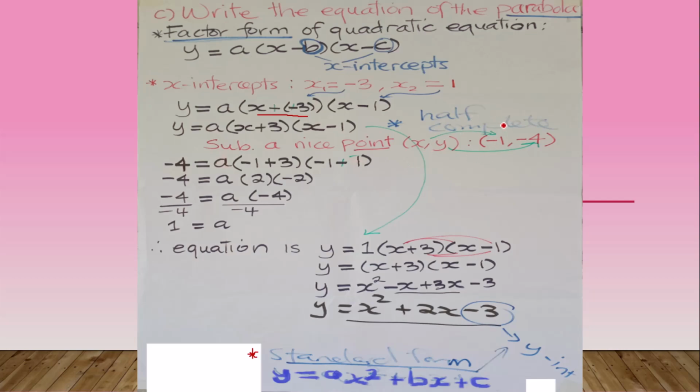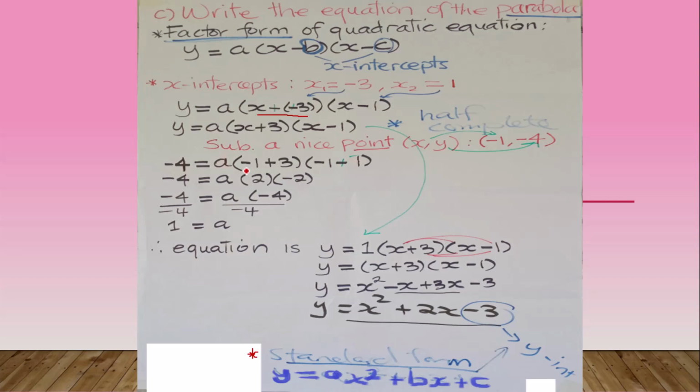X is -1, so it goes in place of x, -1, and another x here, -1. Y is -4, so it goes in place of y. Y is -4. And we calculate now to solve for a.